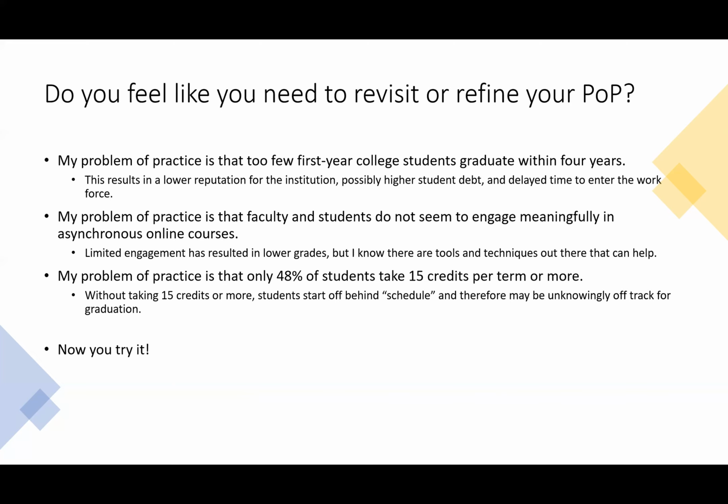So if you are phrasing it as, maybe English language learners or emerging English language students need more support, that's not actually a problem of practice. The problem of practice is that they need more support. It's too vague.